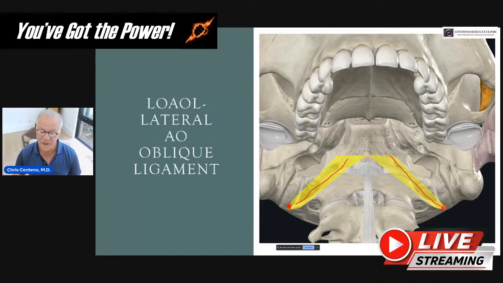And really all of these anterior structures are going to serve that function. They're going to be involved in scenarios where you've got too much movement occurring when the head goes back. Now that's in general. There are other ligaments that do other things, but in general, that's what we're talking about here.